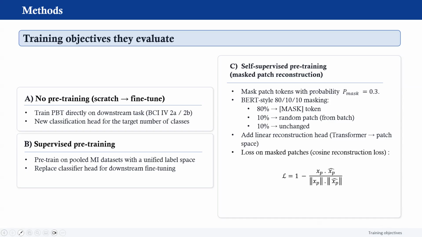They also attach a reconstruction head that maps the transformer outputs back to the patch space, and then they train using a cosine reconstruction loss, as you can see, between the original patch and what was reconstructed. So these were the 3 different training objectives that they've looked at.